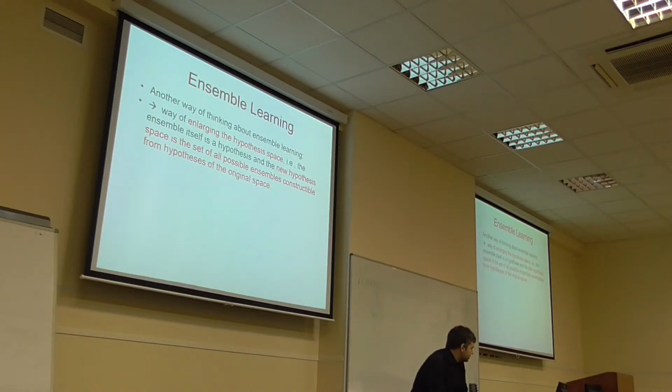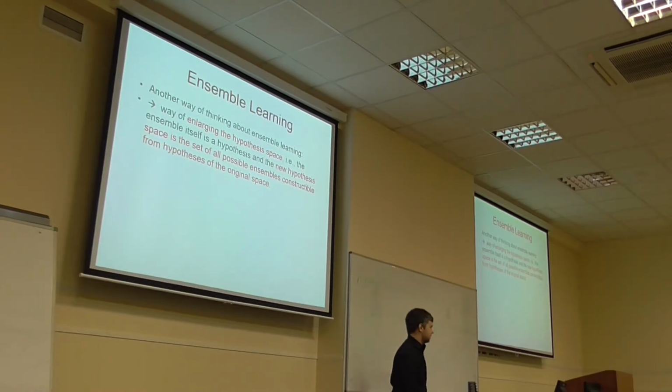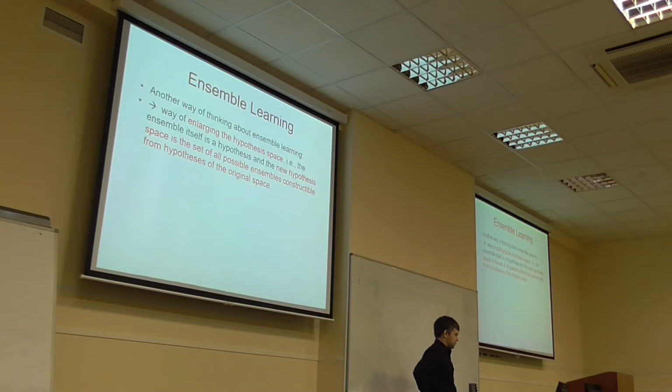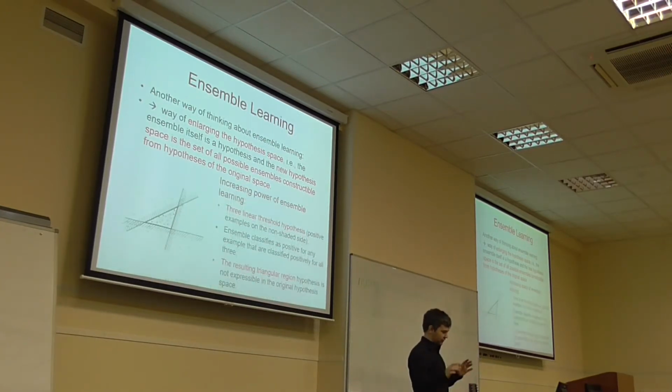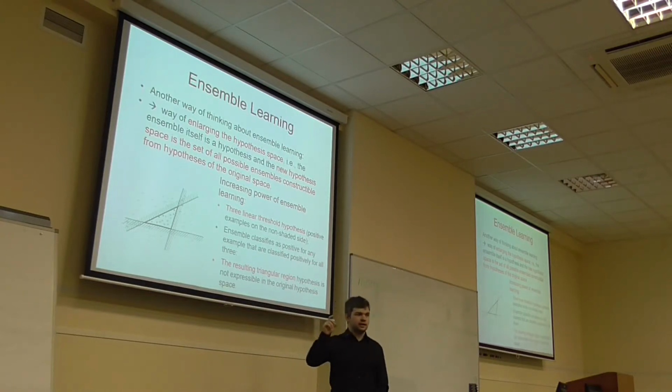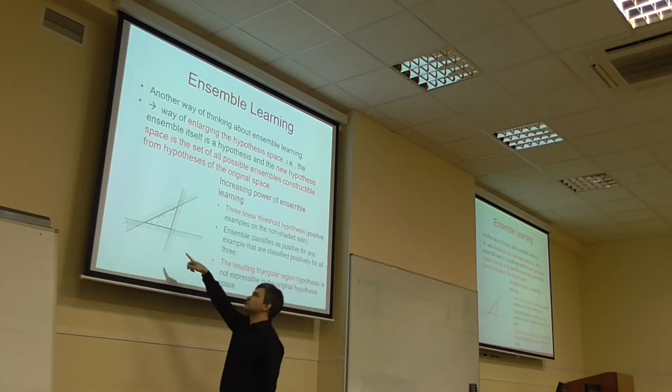Another way of thinking is enlarging the hypothesis space. We can have different expansions of classifiers. For example, we have an ensemble of classifiers, and for a task highly sensitive to accuracy, we decide that correct results are only those that are accurate with all 3 classifiers.